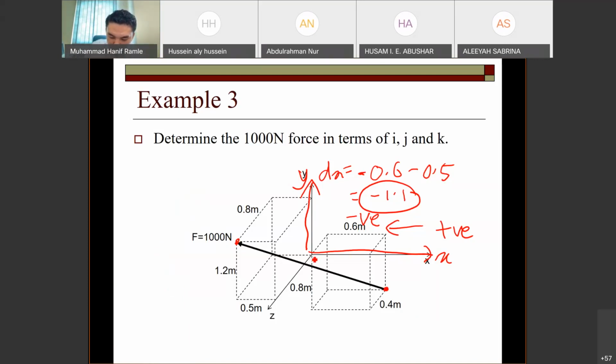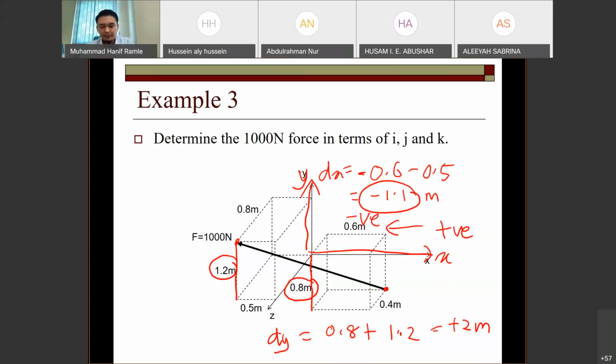You have to look at this y, 0.8 plus 1.2. So dy should be positive 2, because the force moves from the negative part to the positive part of the y-axis. All right, so this should be in meters lah.